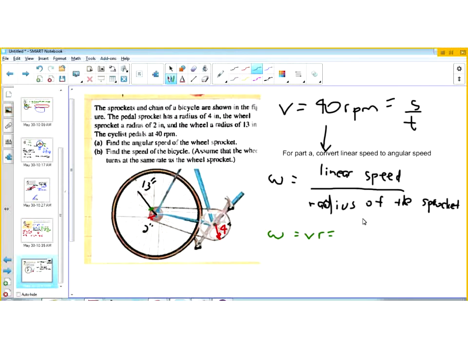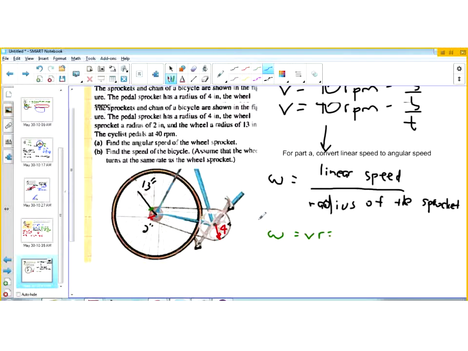All right, so the linear speed then is S over T, and where were we given? 40 revolutions per minute. So we have to convert 40 revolutions per minute into radians per minute. So that's one of the tasks that needs to be done. So let me write that down for you.